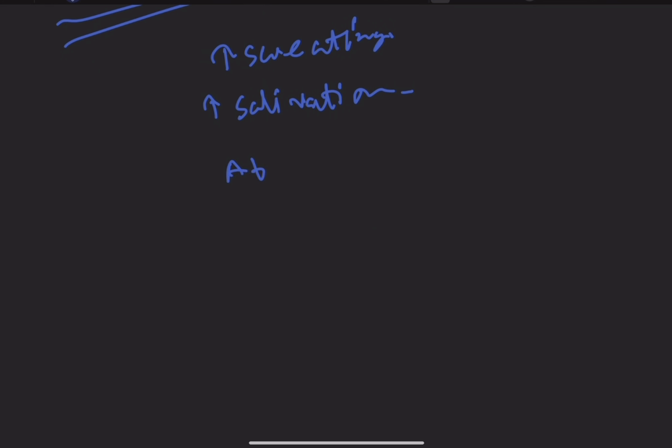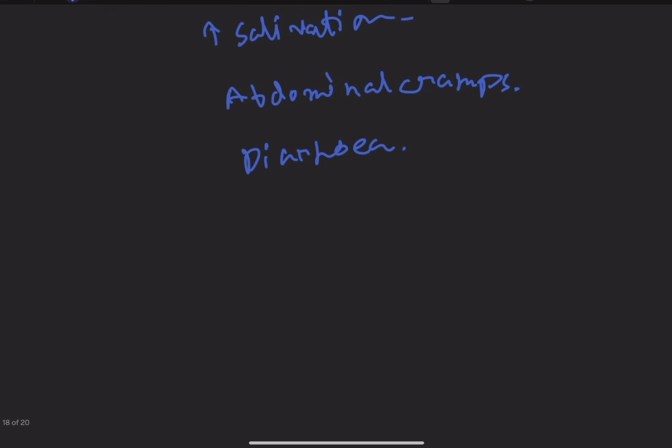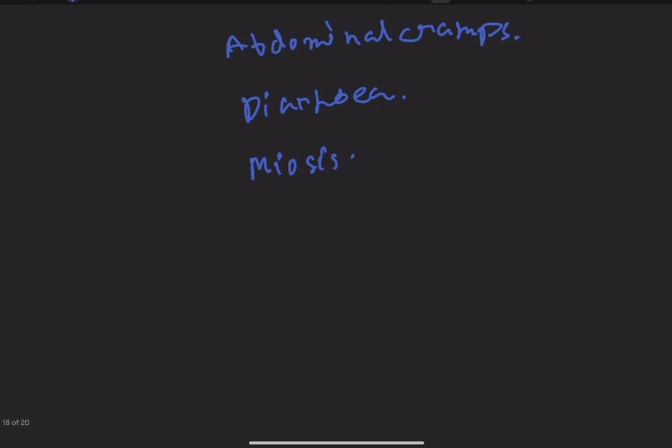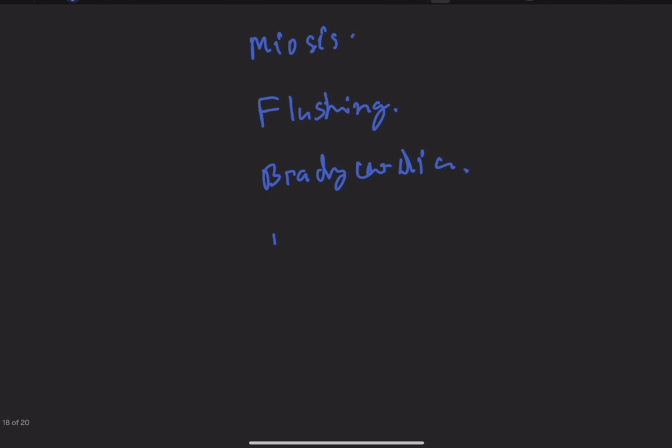It will cause abdominal cramps, it can cause diarrhea, then it can cause miosis, and it can cause flushing because it causes vasodilation. It can cause bradycardia by decreasing the heart rate, and it can cause bronchoconstriction. So it should not be used in asthma and COPD patients.